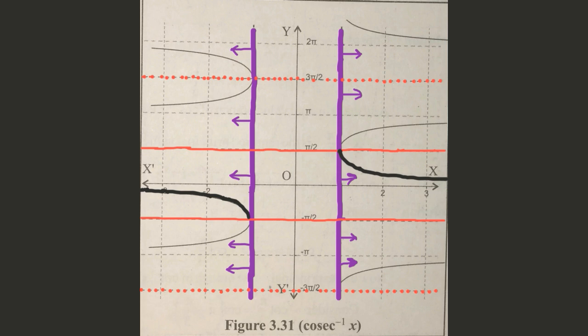Therefore, the codomain for this cosec inverse of x is closed interval minus pi by 2 to plus pi by 2 except 0. Here the curve shown by dark black line in the closed interval minus pi by 2 to plus pi by 2 except 0 is strictly decreasing. Therefore, the function cosec inverse of x is one-one and onto.